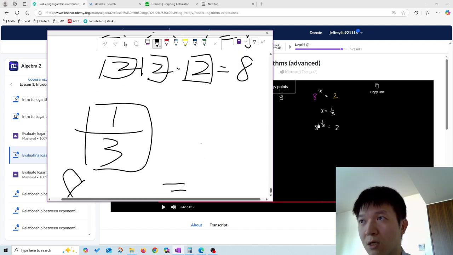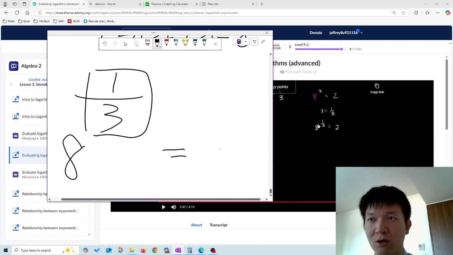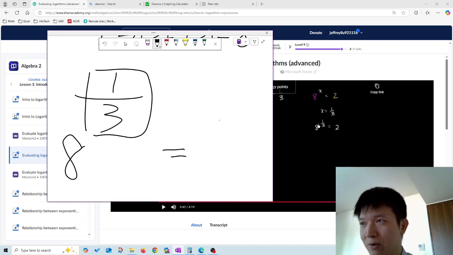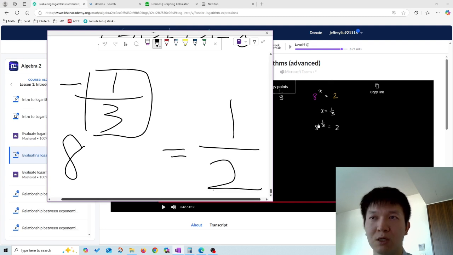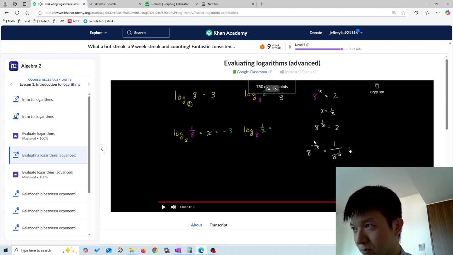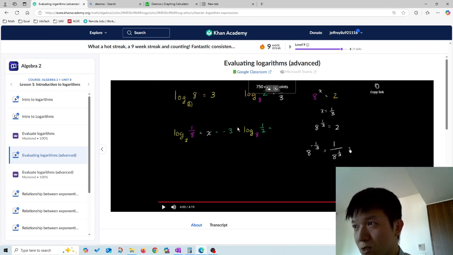But that only gets me to 2, so we're trying to get that down to the denominator, so 1 over that. I'm going to add a negative. We already know 8 to the 1/3 power is equal to 2. So the answer for this is going to be negative 1/3.